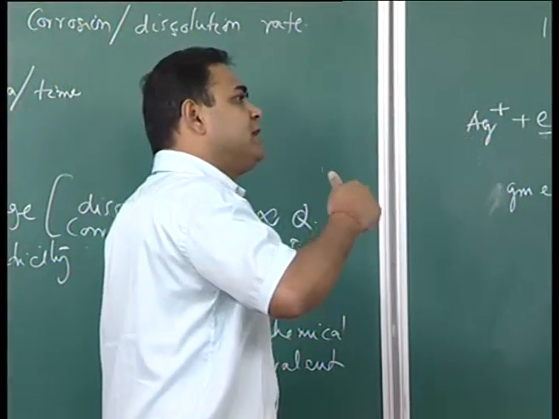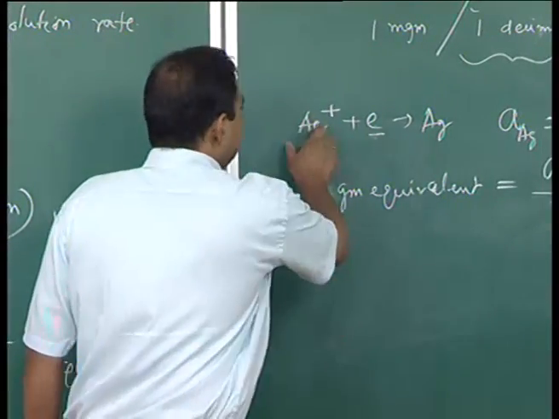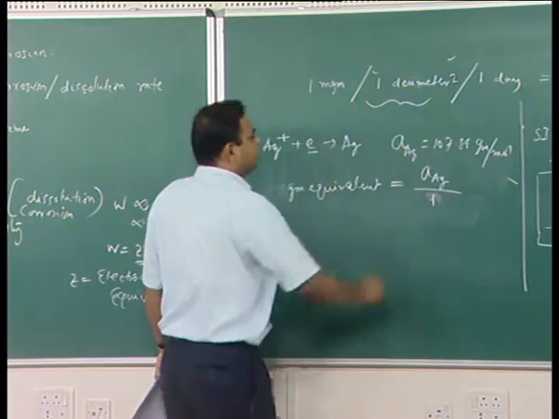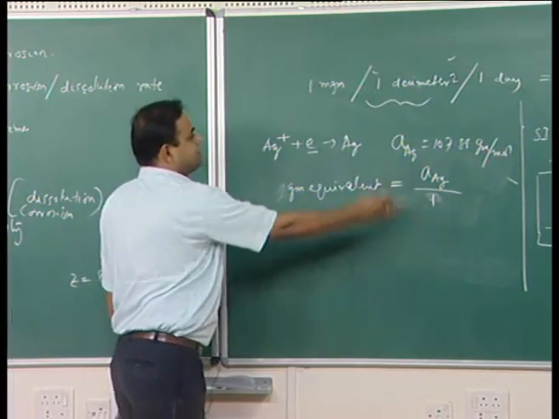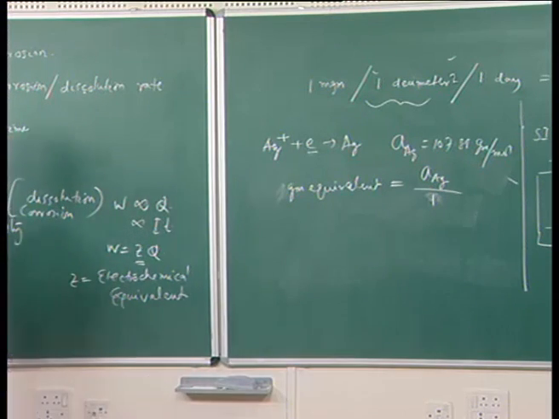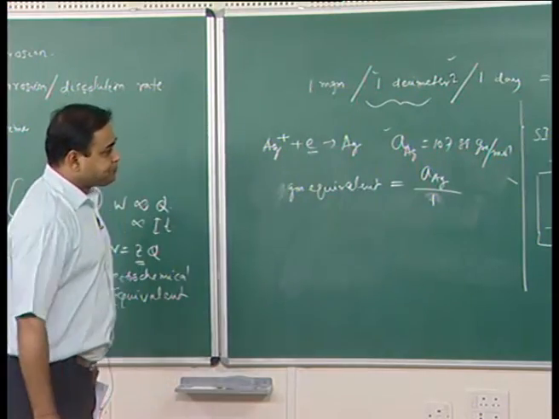So, if you supply in this case 1 Faraday electricity, then this much gram of silver will be deposited, since here gram equivalent is equal to the atomic weight.